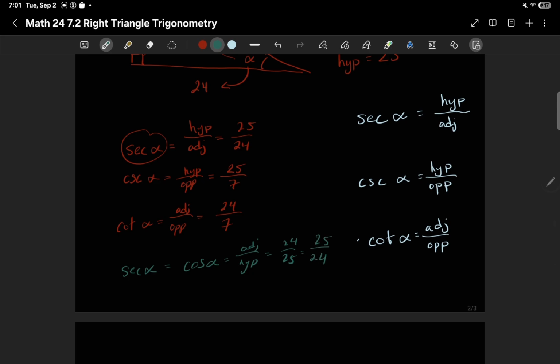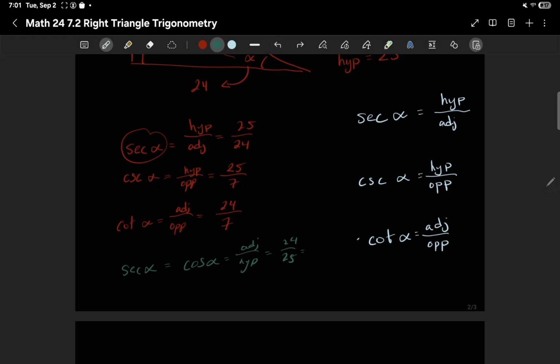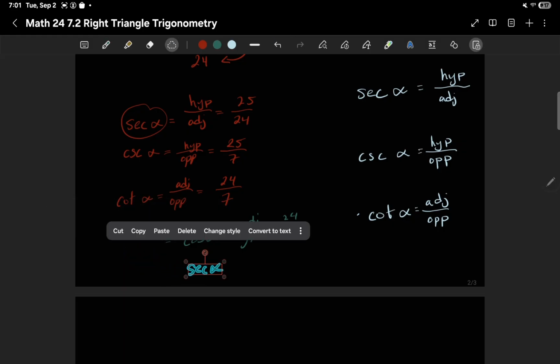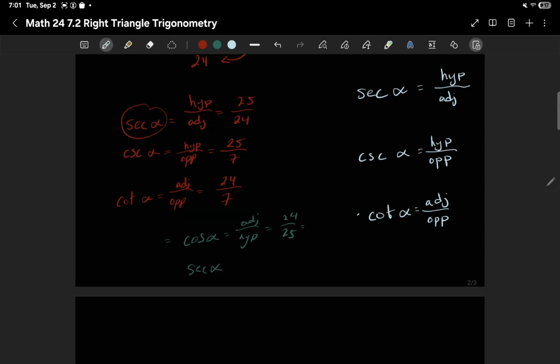So let me take away some of these equal signs that don't necessarily make sense. If I were looking for secant of alpha, what I would prefer to do is just find cosine of alpha, and then once I figure out what the value is, I would simply just flip the fraction over.